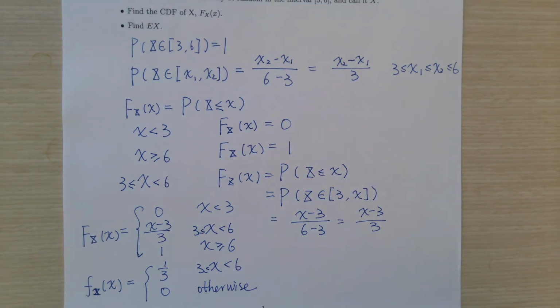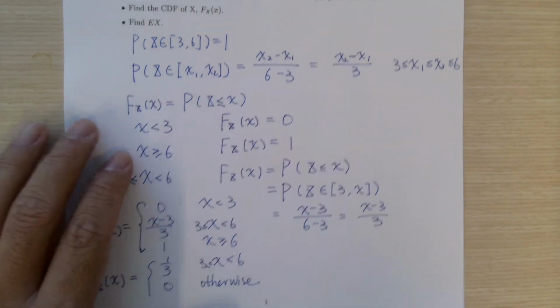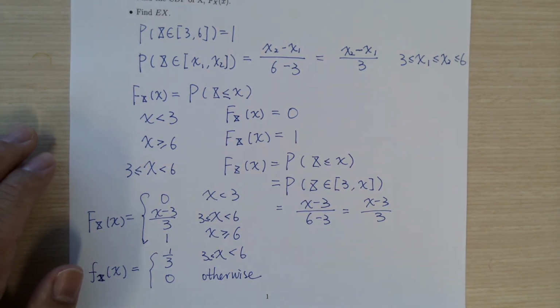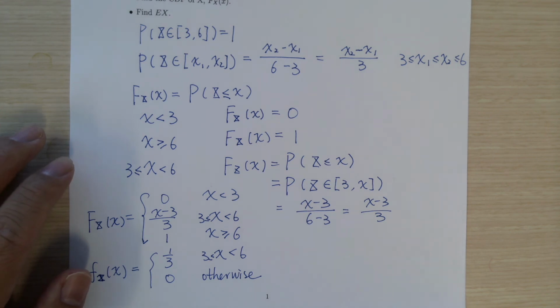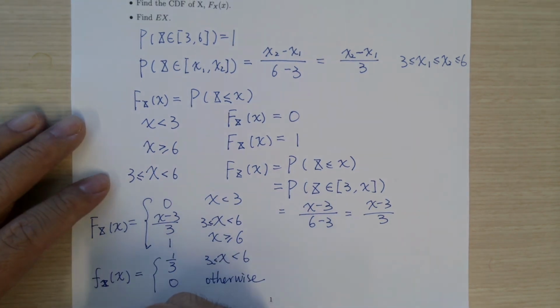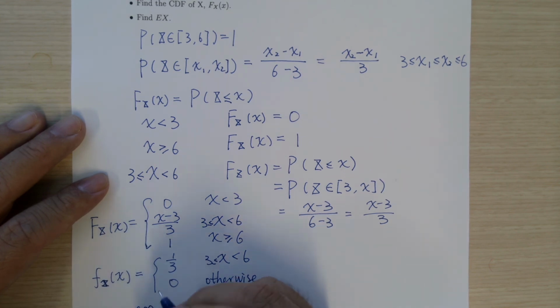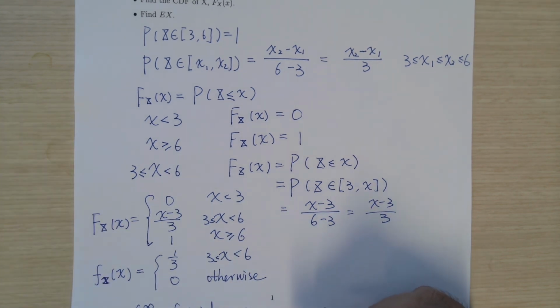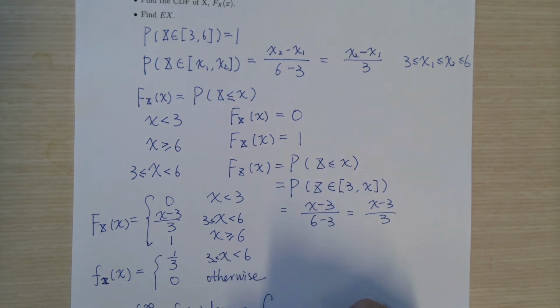So that is the PDF here. And then if we're looking for the expectation, we can just write it down following the definition. The expectation is the integral from negative infinity to positive infinity of x times f(x) dx, and easily you can see that it's going to be the integral from 3 to 6 of x times a third dx.